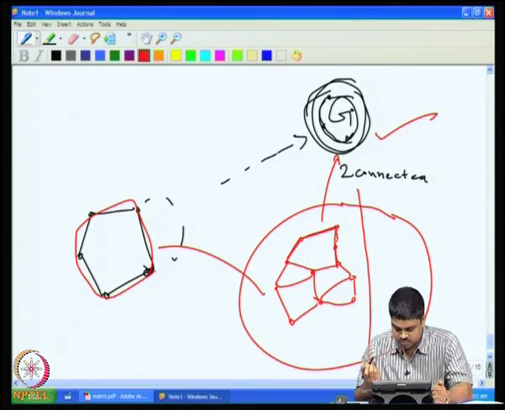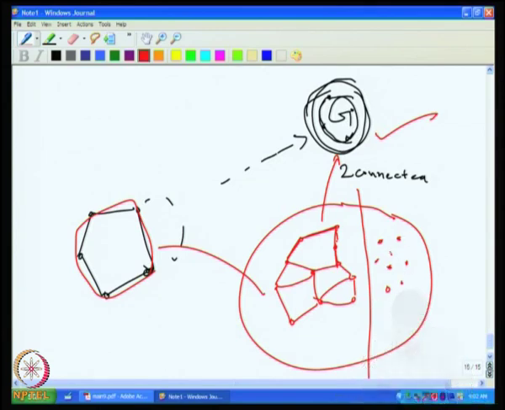Another way is that you may just stop and then something may remain outside, right. So, some vertices and possibly some edges among them, some graph remains outside, and is it possible that something like this remains?